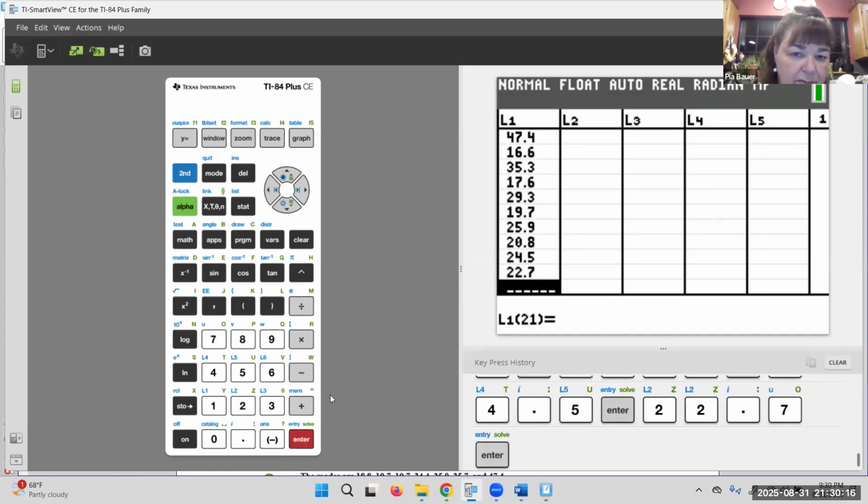That's the second column. So 22.7, 24.5, 20.8, 25.9, 19.7, 29.3, 17.6, 35.3, and 16.6.